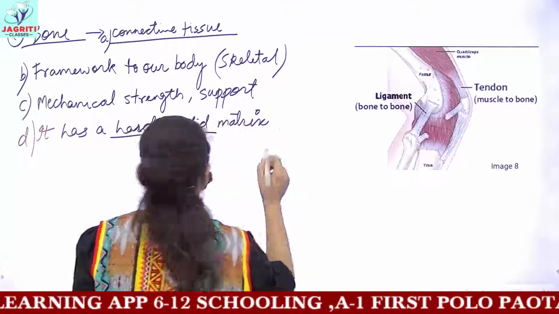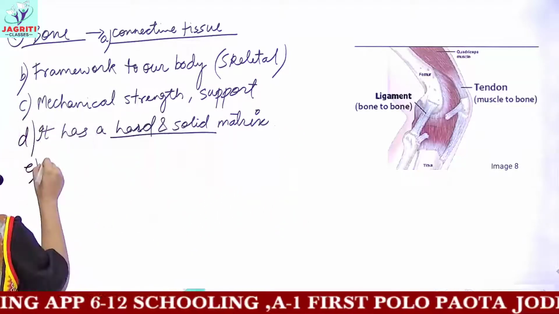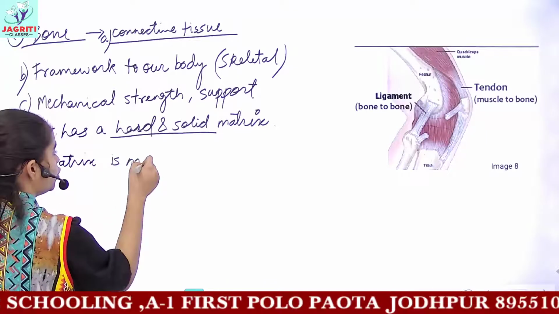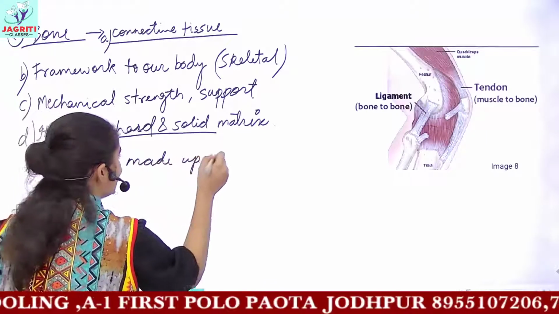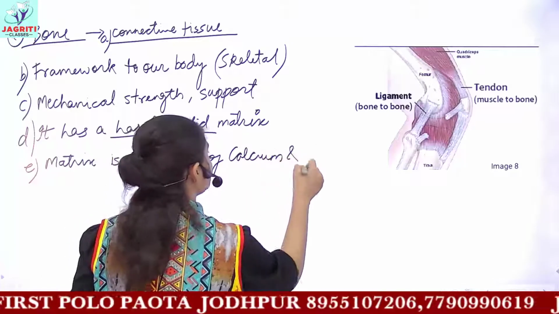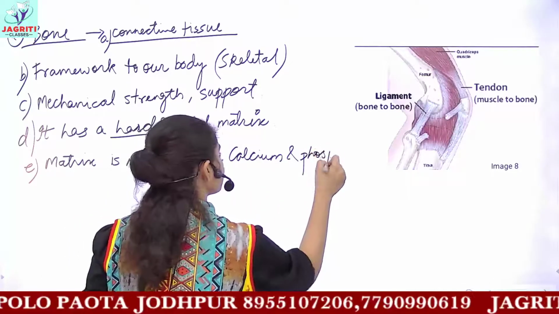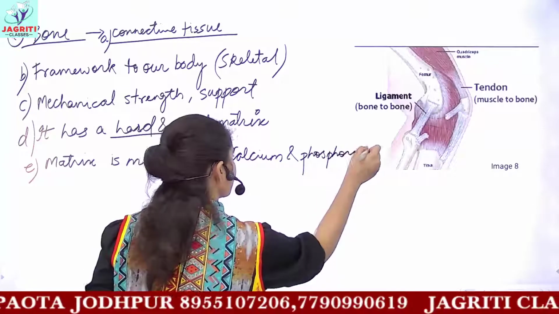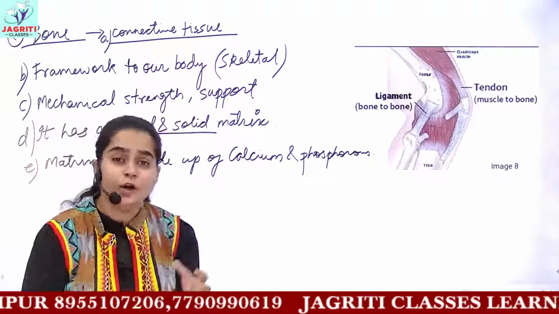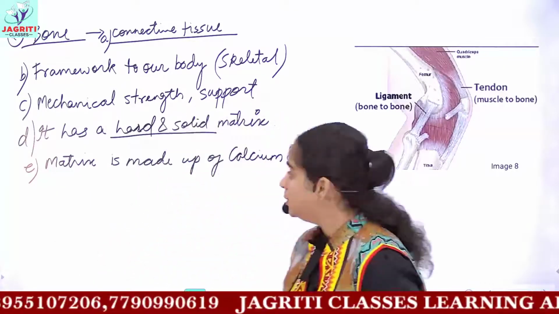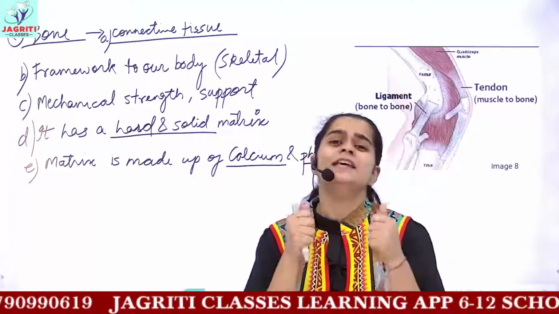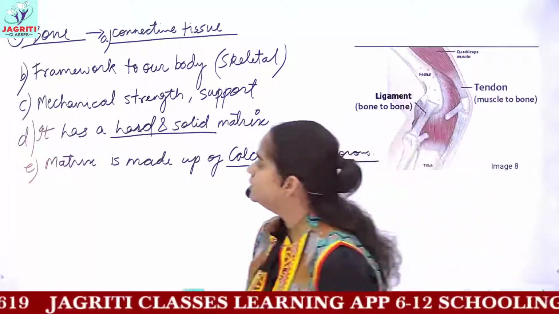And this matrix is composed of, or you can say made up of, calcium and phosphate, calcium and phosphorus. So the matrix of bone is very hard and solid in nature. Why is it so hard in nature? Because this is in turn made up of very hard chemical compounds, that is calcium and phosphorus.